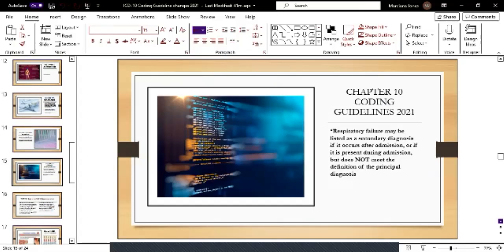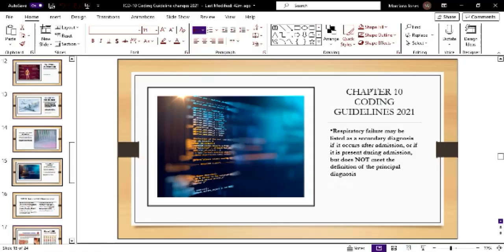Chapter 10, Coding Guidelines 2021. Respiratory failure may be listed as a secondary diagnosis if it occurs after admission or if it is present during admission, but does not meet the definition of the principal diagnosis. Read it again now.